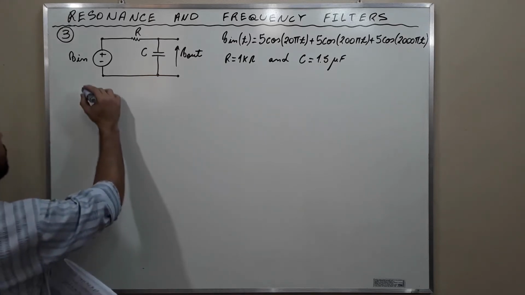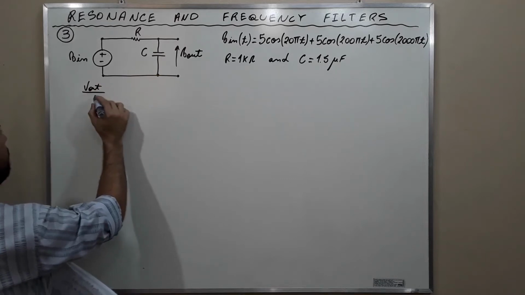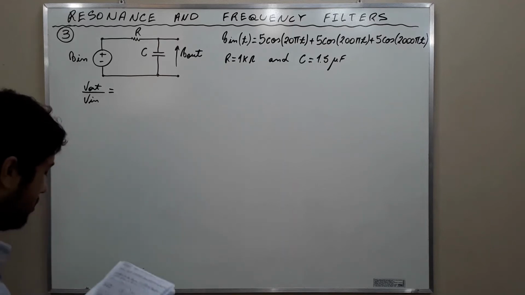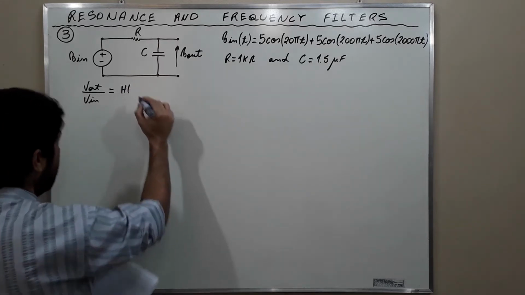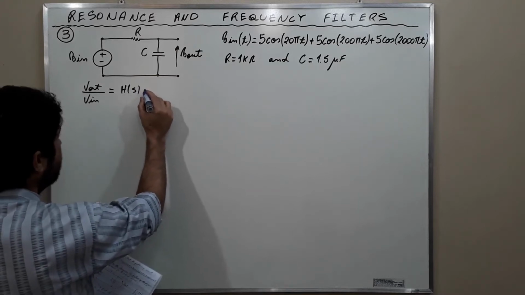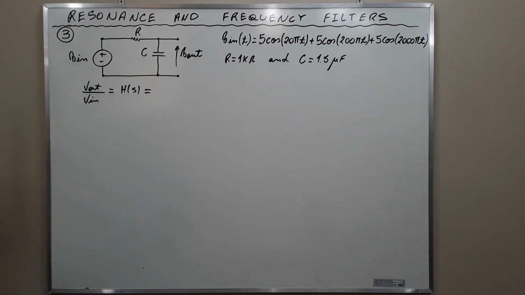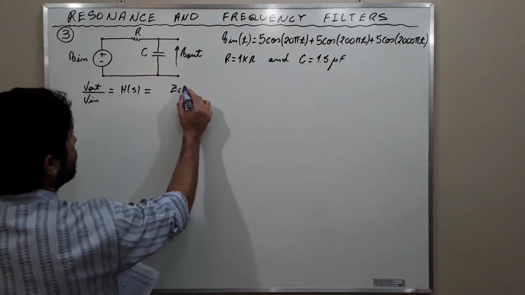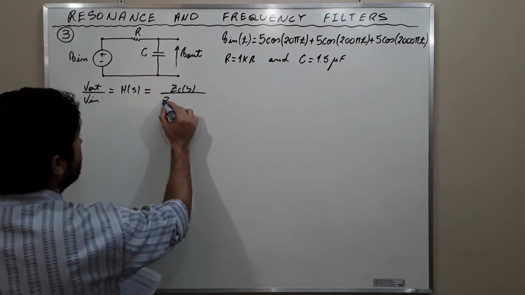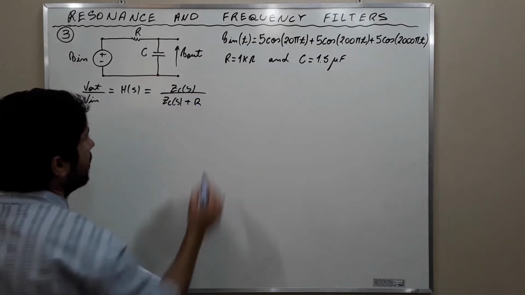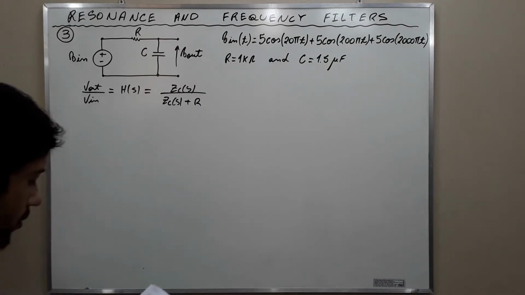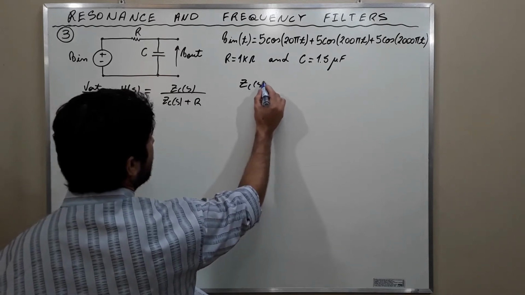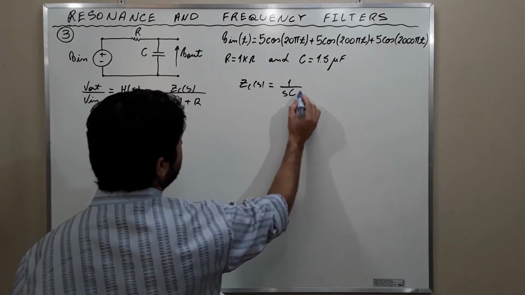Okay? The output voltage divided by the input voltage is the transfer function H of S in the frequency domain. And it is equal, in this case, to ZC of S divided by ZC of S plus R. In the frequency domain, the capacitive impedance is equal to 1 over SC.